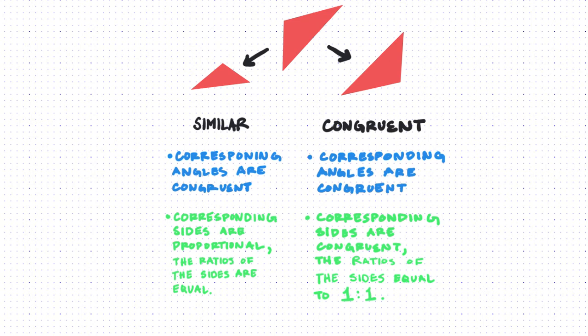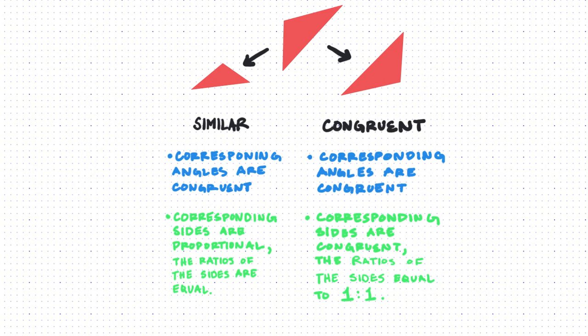So a quick review: similar triangles will have corresponding angles that are congruent and corresponding sides that are proportional. Or another way of thinking about that is, if I make a fraction that compares the corresponding sides, that fraction will be the same for all the sides of that triangle.